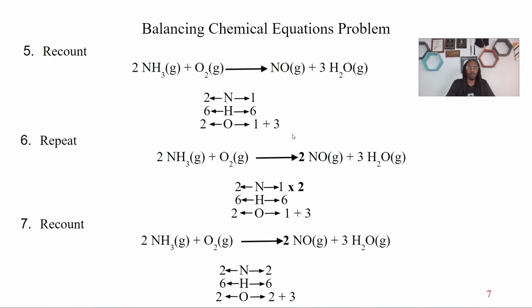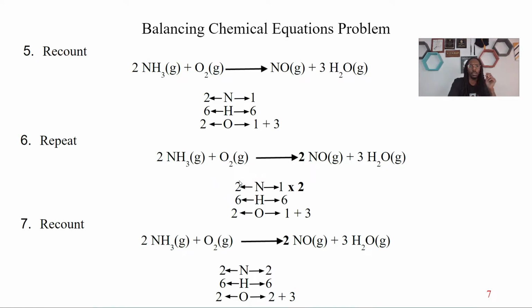So because of this, we're going to have to repeat the process, all right? So the same thing here. What do I want to balance next? I want to balance my nitrogens, right? So if I balance my nitrogens, I got 2 on this side. What's the least common multiple between 2 and 1? 2, right?